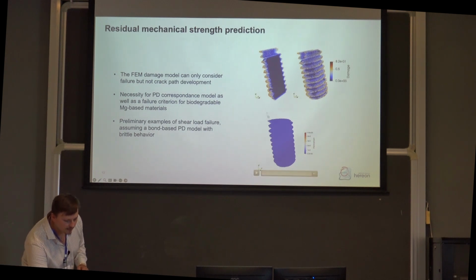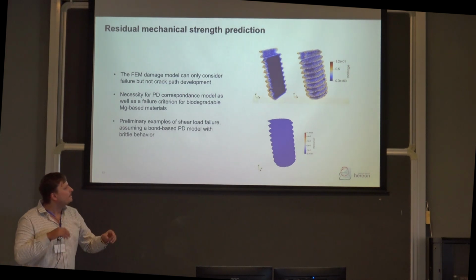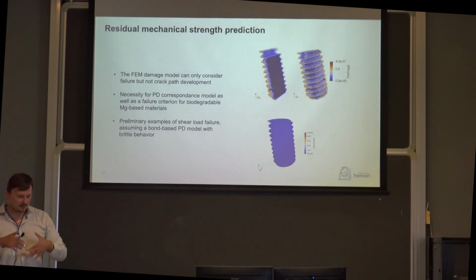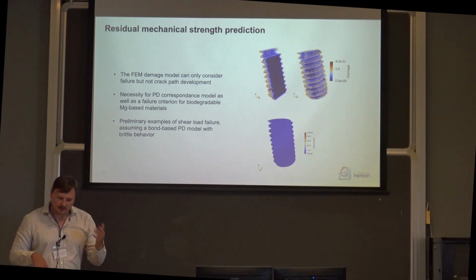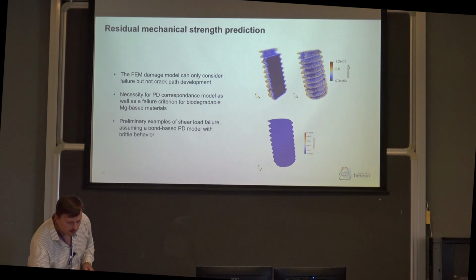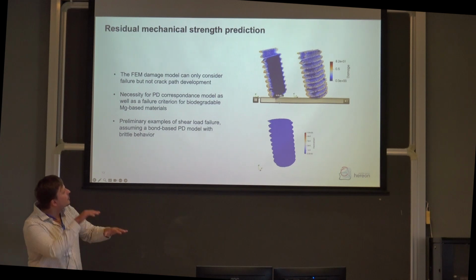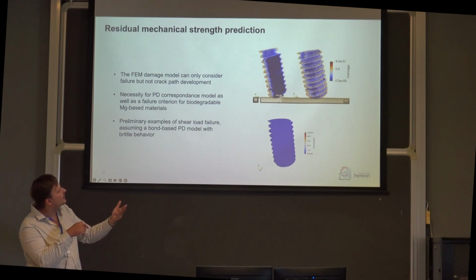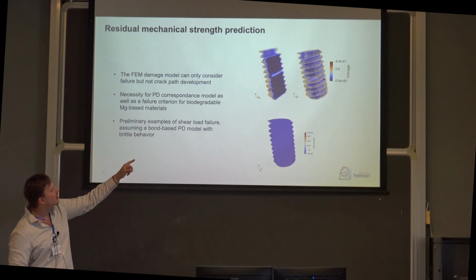What we've done so far is we've applied, within the peridynamic elasticity damage framework, a shear load failure example, assuming a brittle material, and the results look something like this. So if you take a look here, you see that if we apply a shear load, assuming a brittle material in this peridynamic framework, we can predict the evolution of cracks.